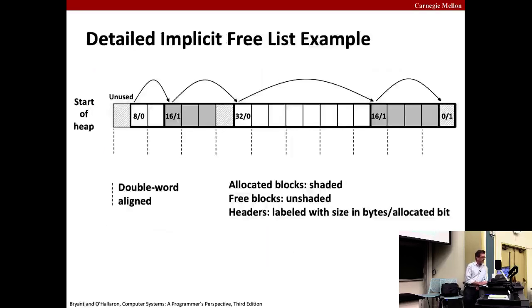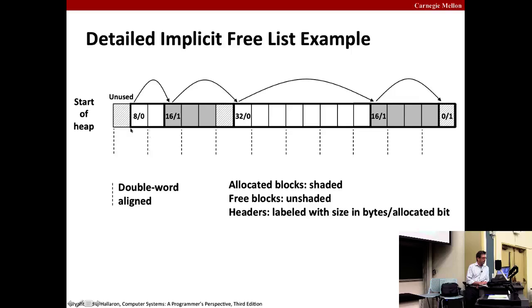So let's look in detail at how, given this form of implicit list, we might set things up. In this case, we're going to assume 4-byte words, okay, int-sized words, and we're going to align on 8-byte boundaries. Remember the payload of our blocks always has to start on an 8-byte boundary.